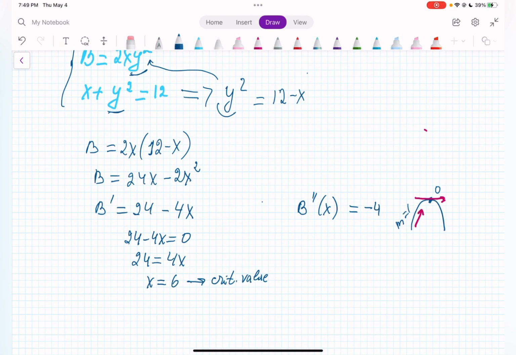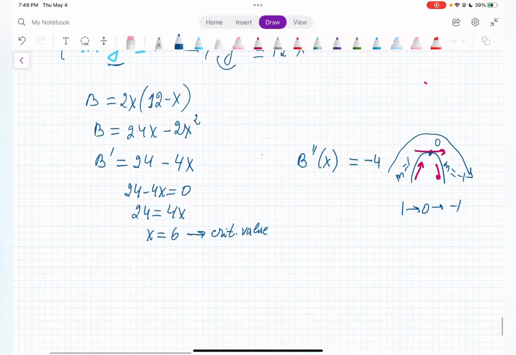And here m is equal to -1, going down. So we get 1, 0, -1. It's going down, correct? Which means this point is our maximum.